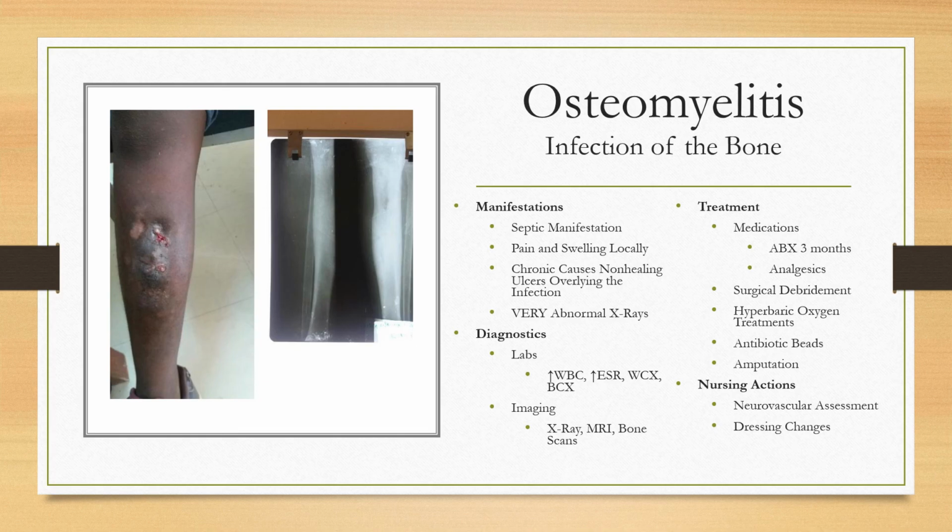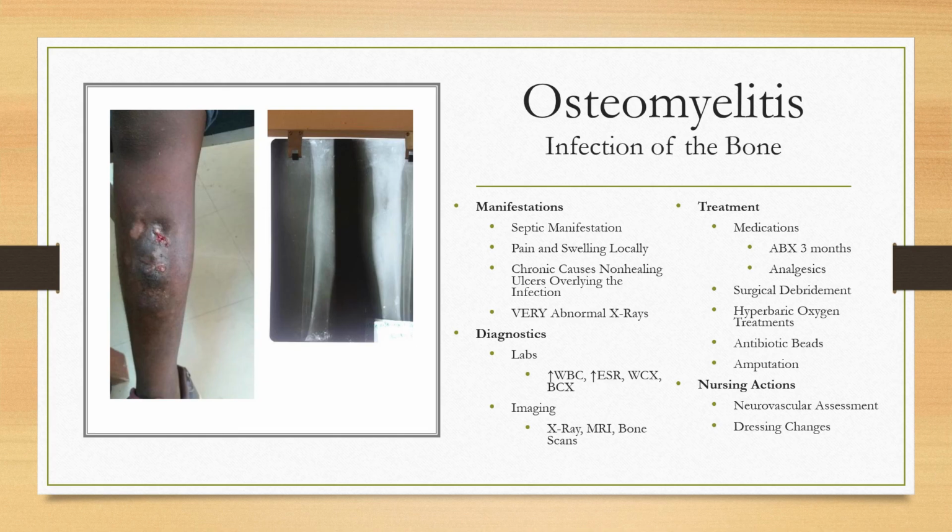Antibiotic beads are just another way of getting antibiotics into the bone. They can plant seeds that are impregnated with antibiotics and put them into the bone. And finally, if it's a chronic osteomyelitis, not healing, antibiotics aren't working, and recurrent debridements aren't working, then amputation may be necessary.